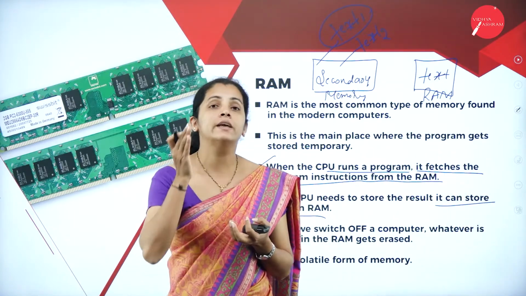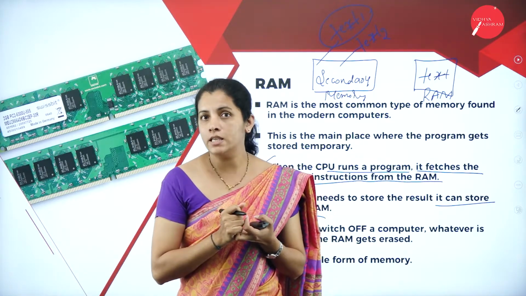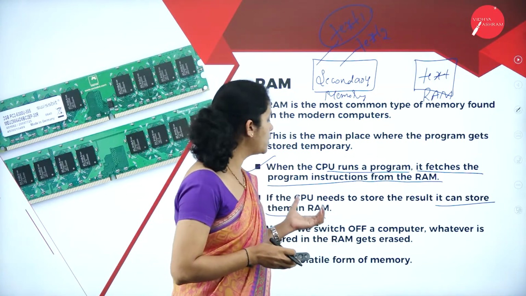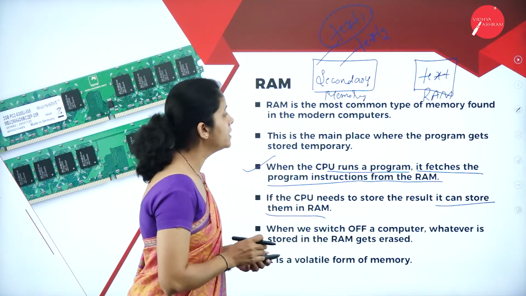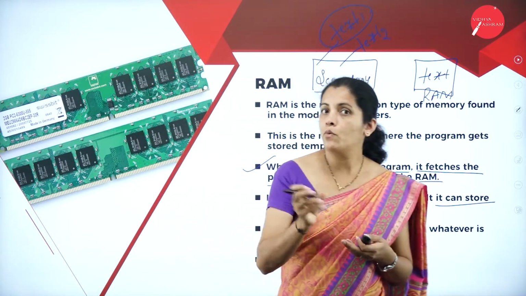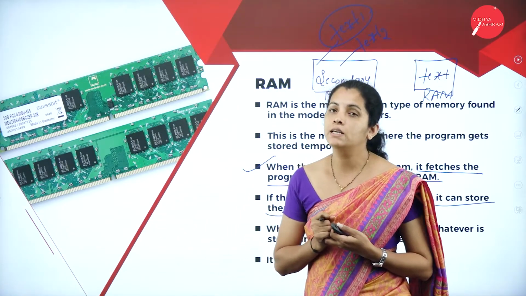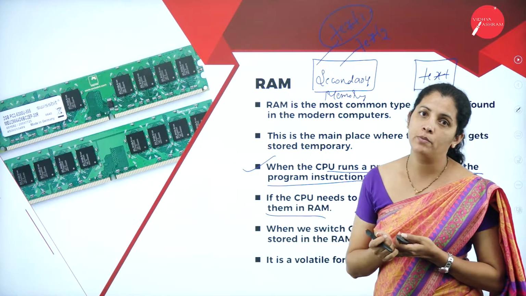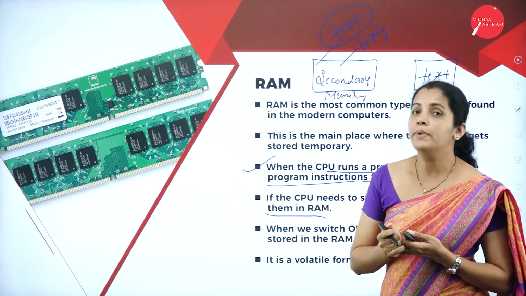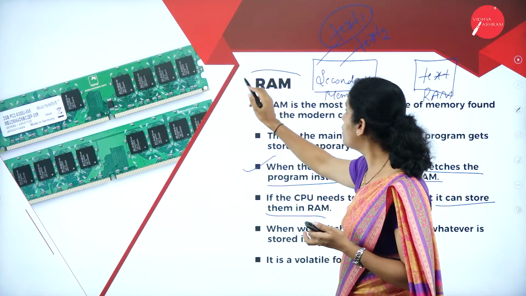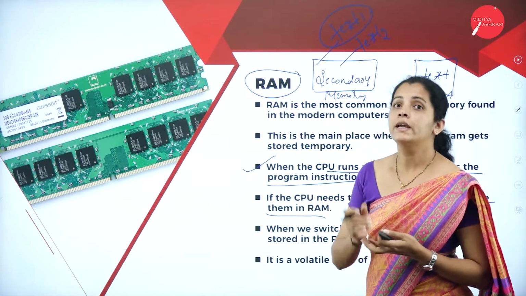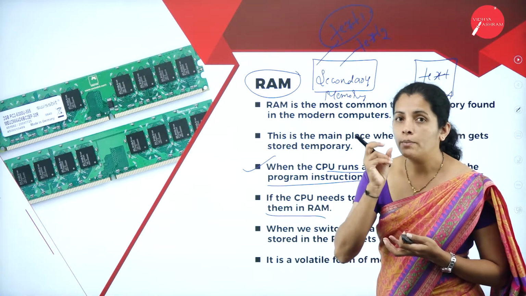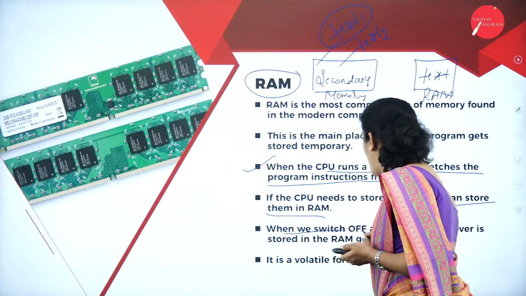After executing a program, whatever output we get must be stored in random access memory, and this random access memory is called volatile memory, because the content present on the random access memory gets erased when the power is turned off or your computer system is turned off.